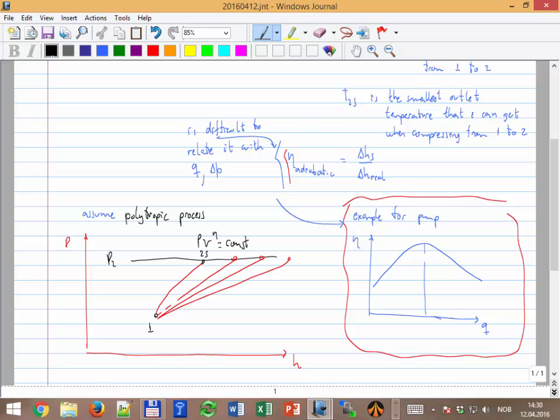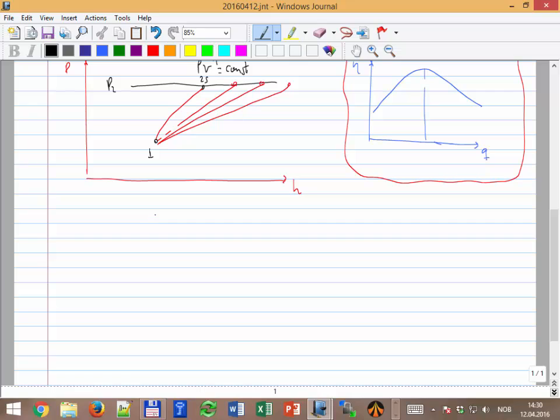Then one thing that we need is the temperature at the outlet, and I told you that P2 over P1 to the power of n minus 1 over n is equal to T2 over T1. So if we have conditions at the inlet, and also the conditions that we want at the outlet, and we have this polytropic coefficient, we really don't want this coefficient, we want some kind of efficiency.